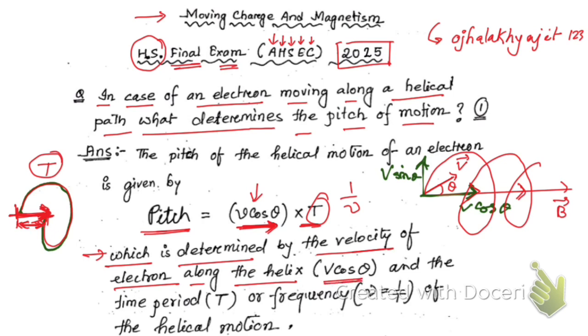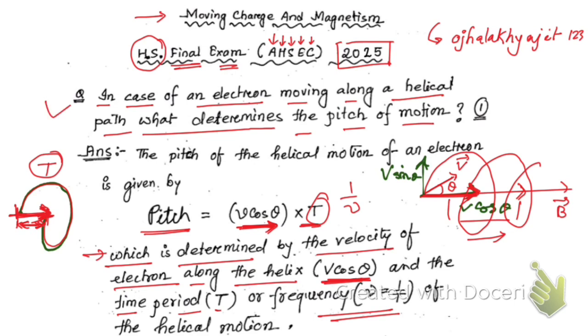If you consider the velocity in this horizontal direction, its magnitude will be equal to the speed in this direction, so I am saying speed as well as velocity. Hope you have understood this. So it depends on the velocity along the axis of the helical path, that is v cos theta, and the time period T, or frequency, that is 1 by T. So this is the answer to this question.